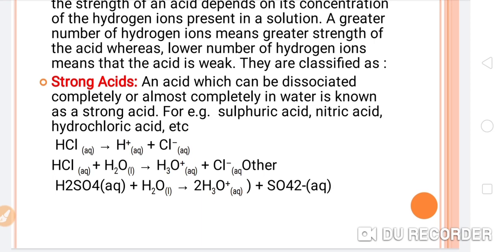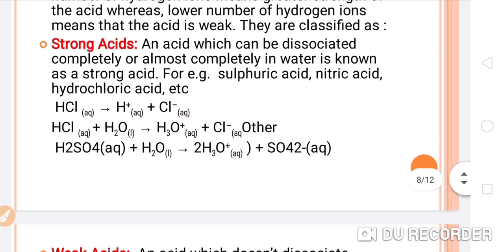Okay, so here if we say that these are strong acids, you can say that if any acid on dissolving inside the water is completely dissociating into its respective ions, these are strong acids. Suppose we have taken 100 molecules of sulfuric acid and dissolved it inside the water, so we will get 100% ionization of the sulfuric acid into its respective ions.